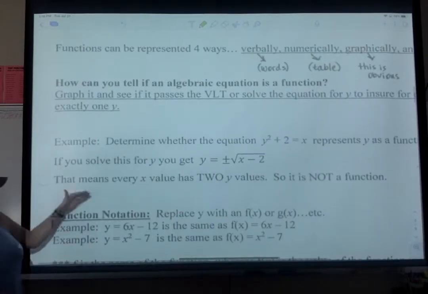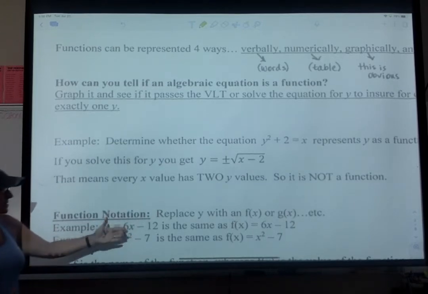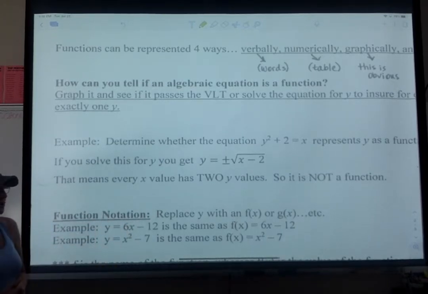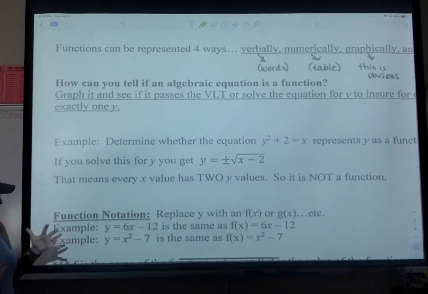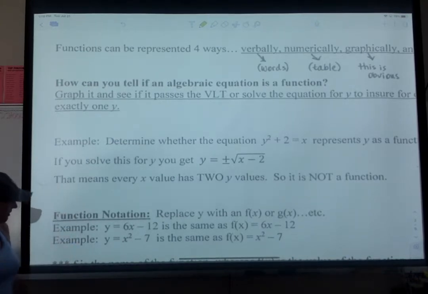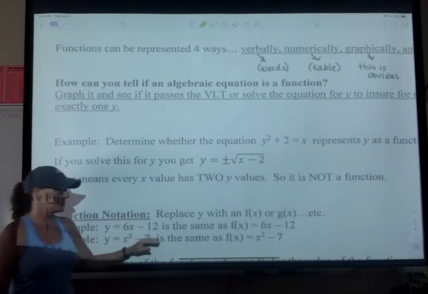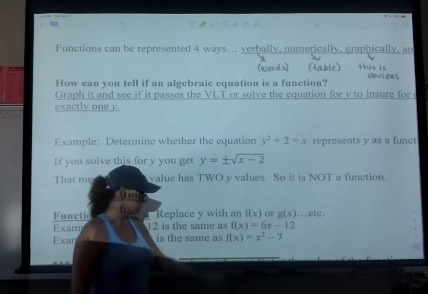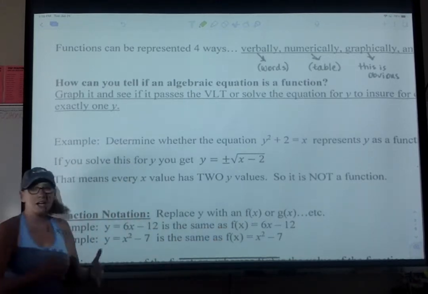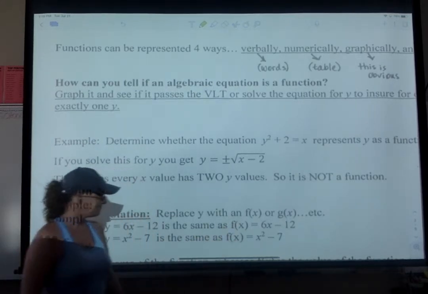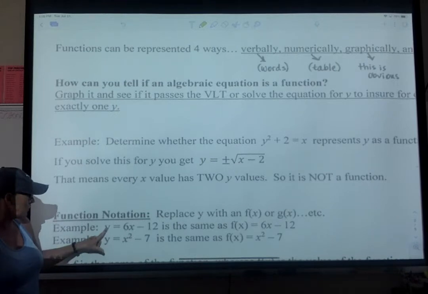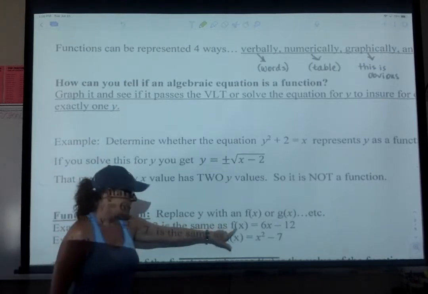All right, function notation. This was probably introduced to you in Algebra 1. When you first saw it, some of you were a little hesitant and you're like, darn it, I was just getting used to equations. Now why did you have to go and make them all complicated? But once you got used to it, it's no big deal. I actually prefer function notation, but we're just replacing the y with f of x.